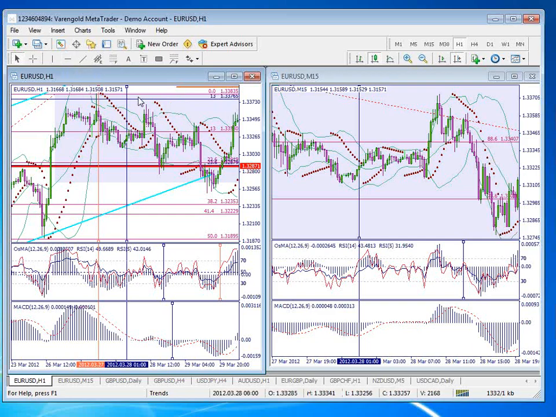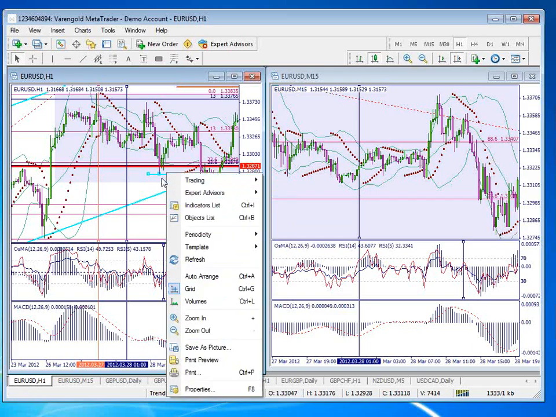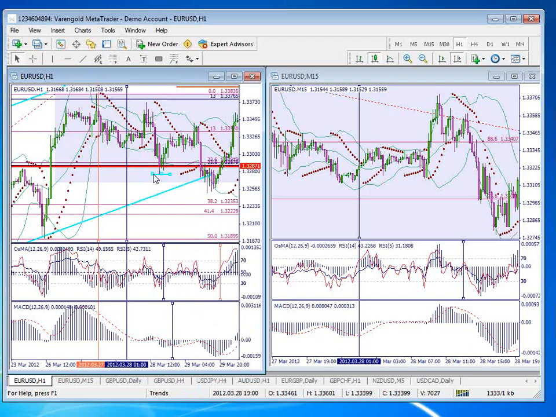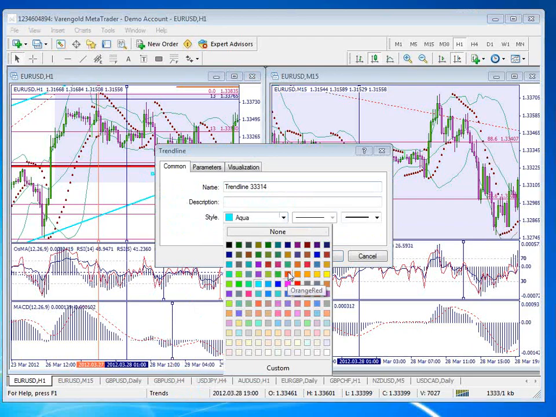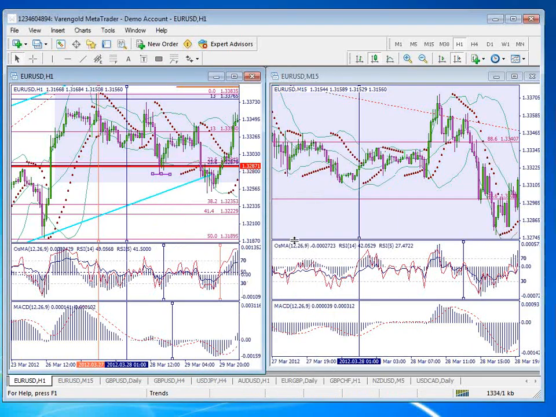In this case, on the 1 hour chart, my stop loss will be under the last low. I'm sorry, I will delete it. So the stop loss will be here. And the level for that last low that the pair made is 1.3277.